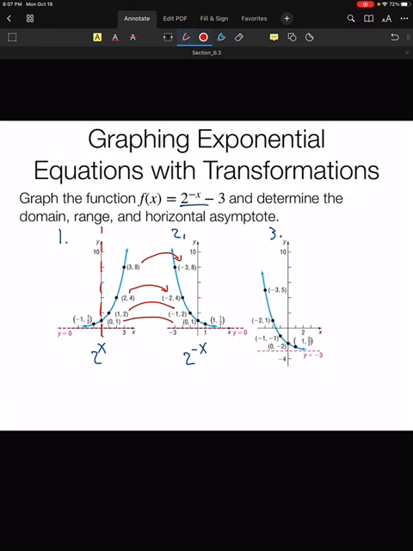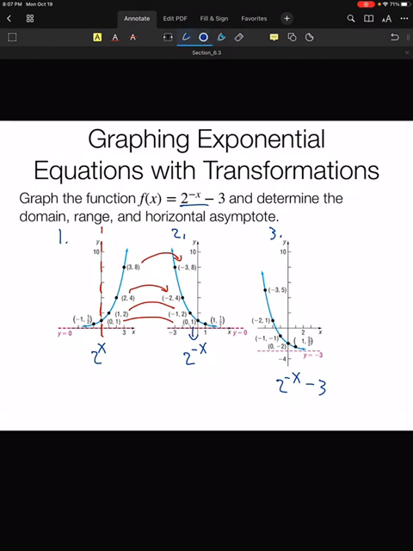Okay, so then we add the third step, 2 to the negative x, we subtract 3, and what happens is that it moves down. It went down 3 units. So same exact pattern, but it just moved down on the y-axis 3 units.